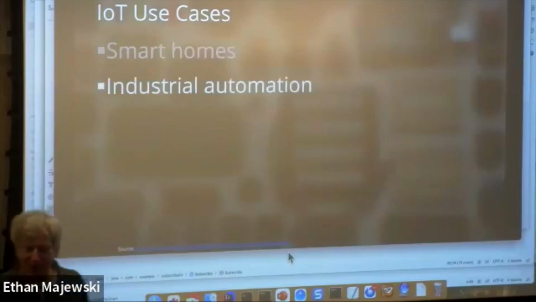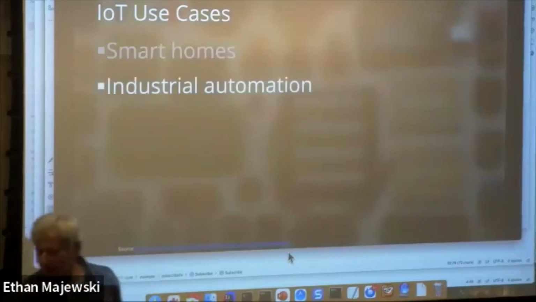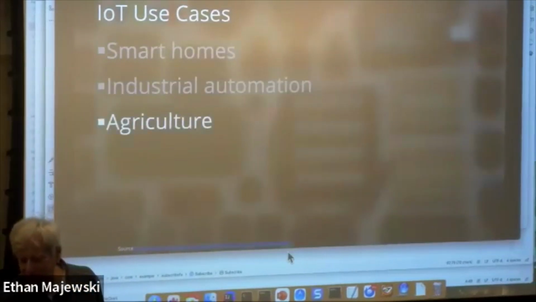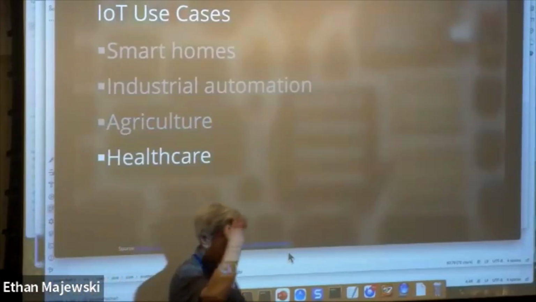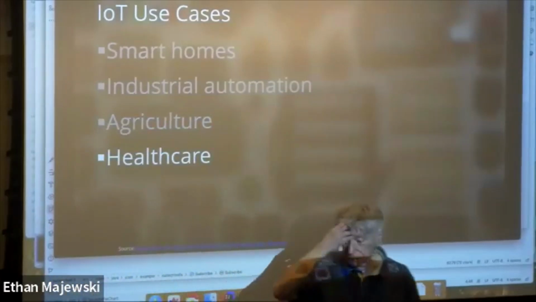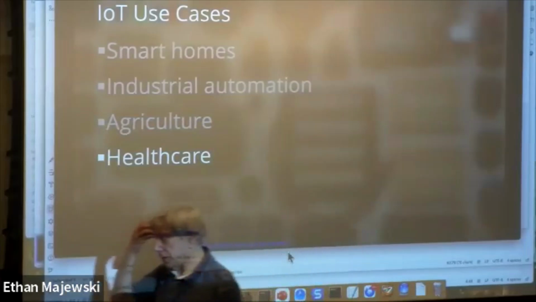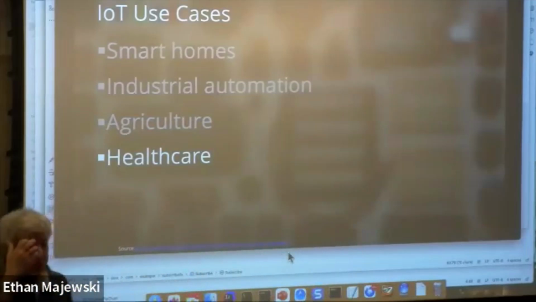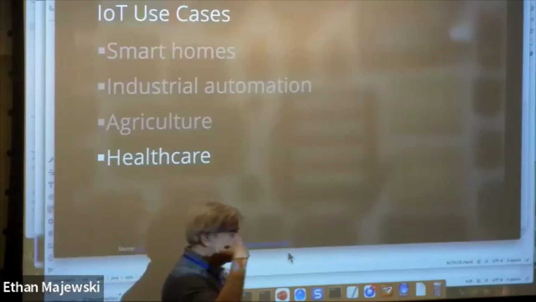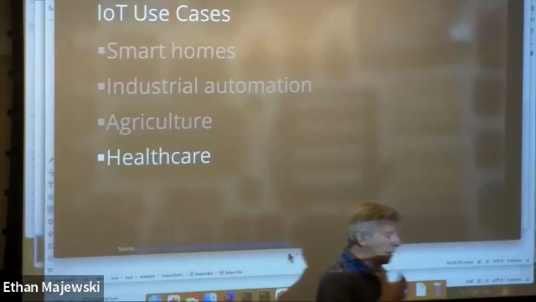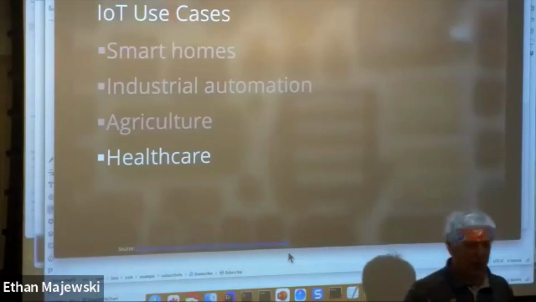Okay, here we go. Industrial automation. I don't need to tell you all these things. Healthcare, right? Monitoring all kinds of sensors and equipment. Maybe I should say it now because I usually forget to say it. There's a dichotomy in the world of internet things.